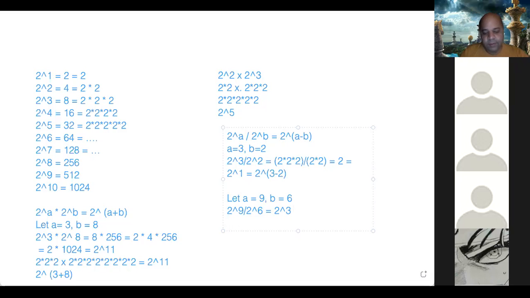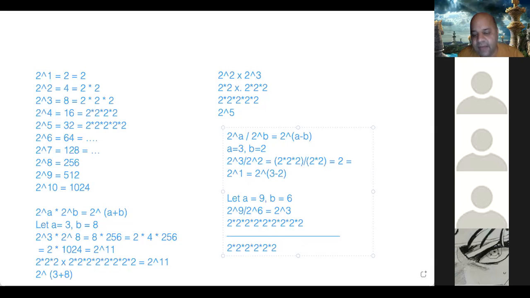Yes. Because this is nothing but 2 multiplied by 2 multiplied by 2 multiplied by 2, and so on. This is the numerator, divided by 2 multiplied by 2 multiplied by 2 multiplied by 2 multiplied by 2 multiplied by 2, 6 times. The numerator is 9 times, the denominator is 6 times.